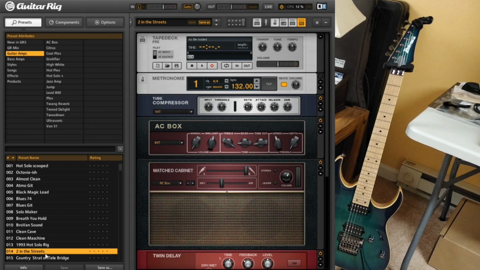But this is Guitar Rig 5. So in other words, if I was playing this just on one computer and trying to stream it, you wouldn't get the effects. You would hear guitar, but you would not hear the effects. But I have the out going to this mixer, and that's the only way you're able to hear it.